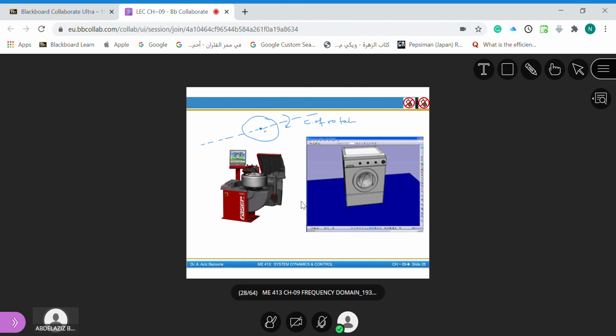The center of mass is somewhere here. When, Shabab, the center of mass does not coincide with the center of rotation, this is what we call imbalance. The imbalance causes high vibration.